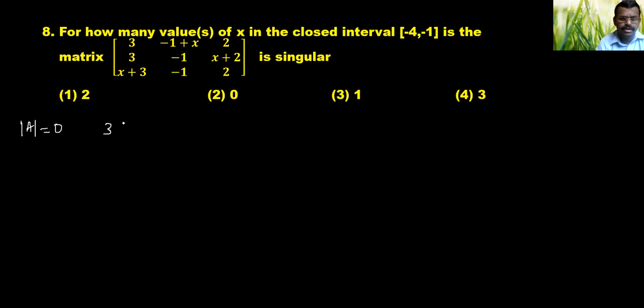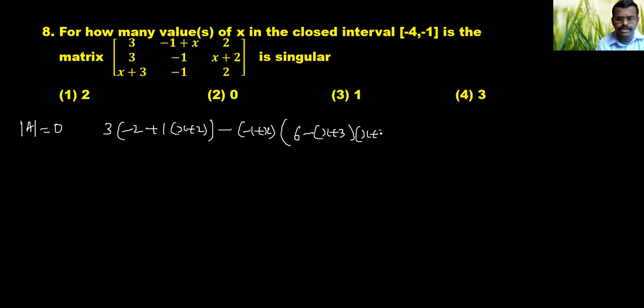That is 3 into minus 1 into 2 is minus 2, minus of minus is plus 1 into x plus 2, minus of minus 1 plus x into 3 times 2 is 6 minus x, plus 3 into x plus 2. Plus 2 times 3 into minus 1 is minus 3, minus is plus 1 into x plus 3.